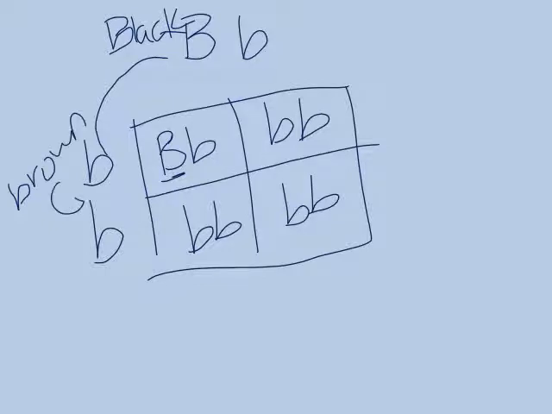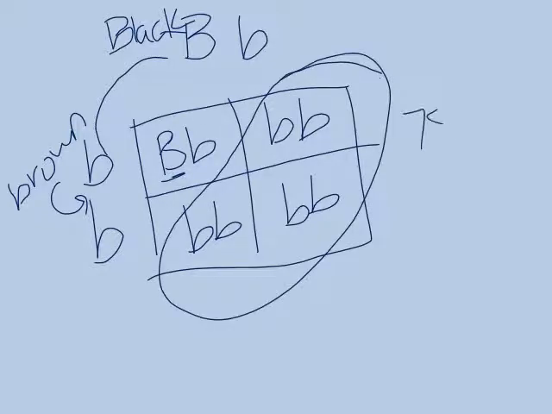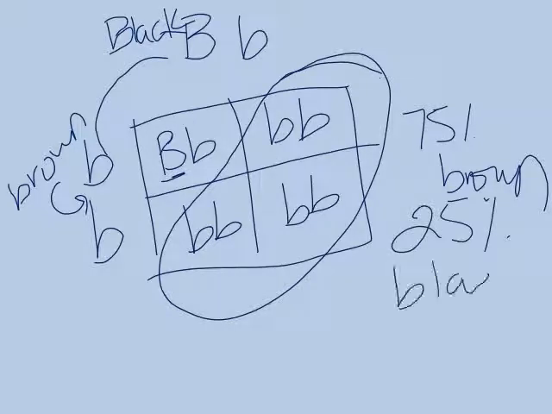So mom has brown hair, dad has black hair. What would our kids have? We've got a 75% chance that they would have brown, and we've got a 25% chance that they would have black in this scenario. Again, not a super great example, but this is more what you're likely to see.